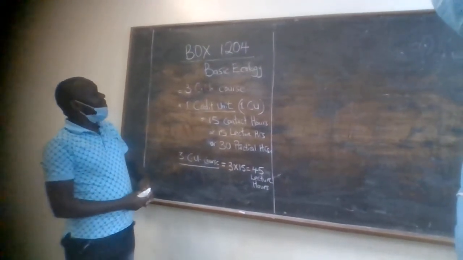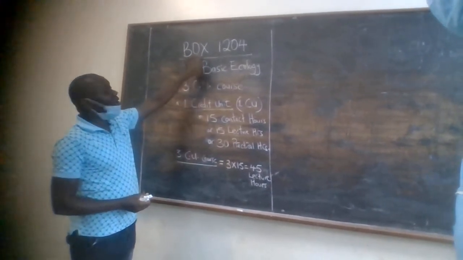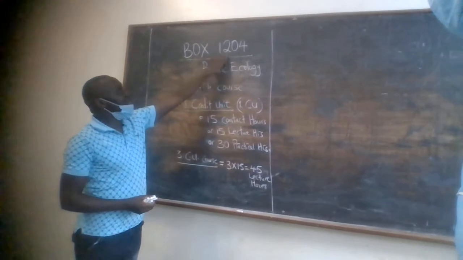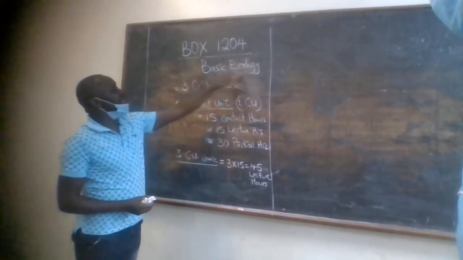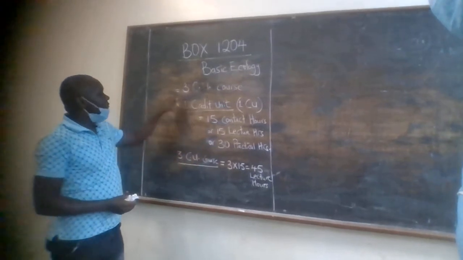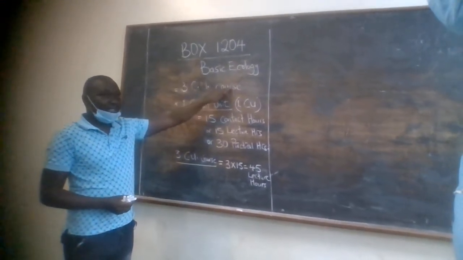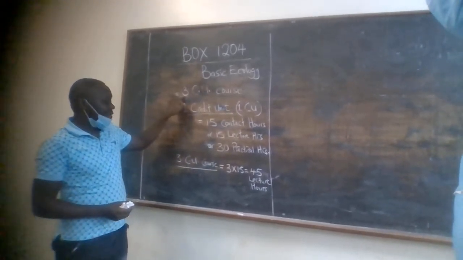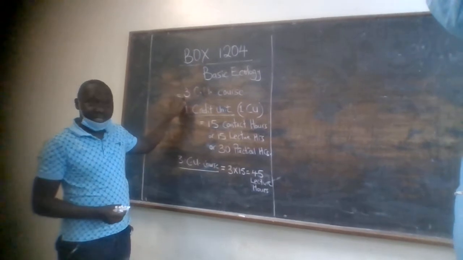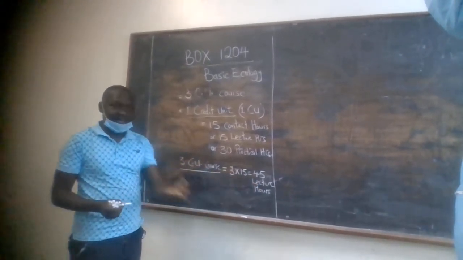So to repeat for you, our course has the code BOX 1204, and the name is Basic Ecology, and I will say it is a 3CU course. That means it is a course made up of content which covers 45 lecture hours.